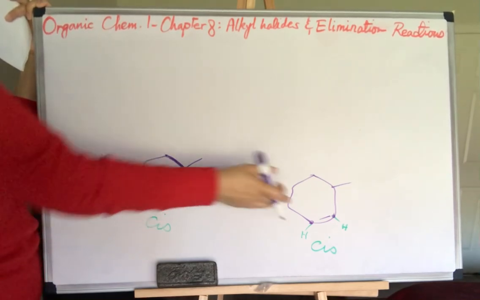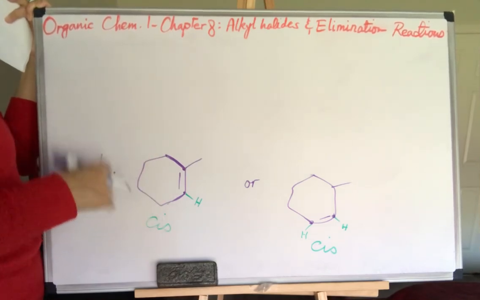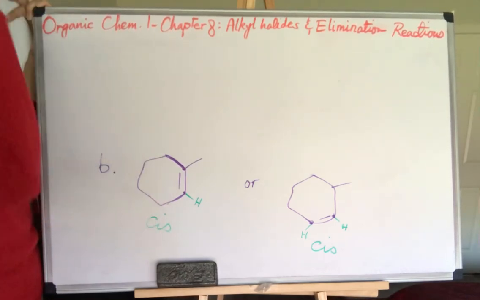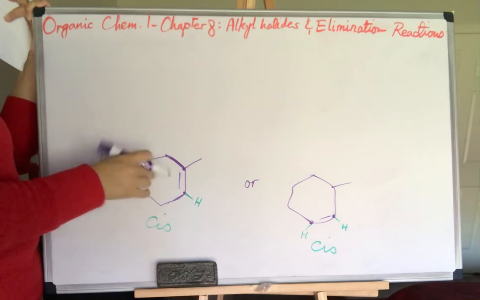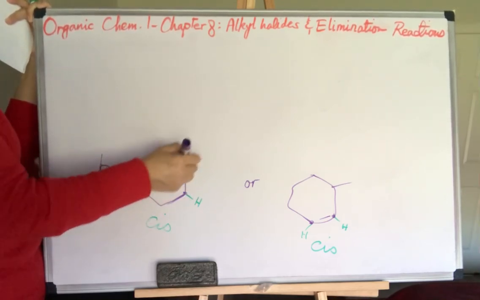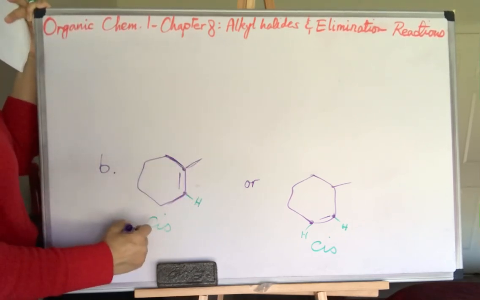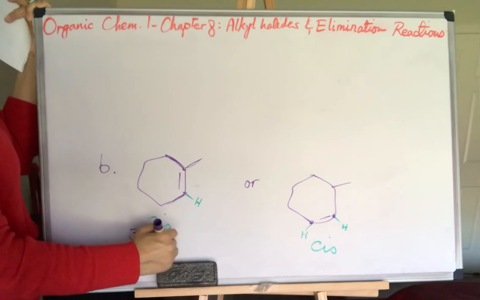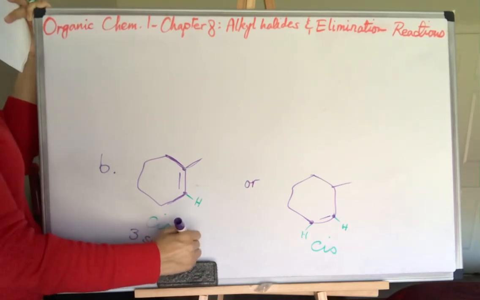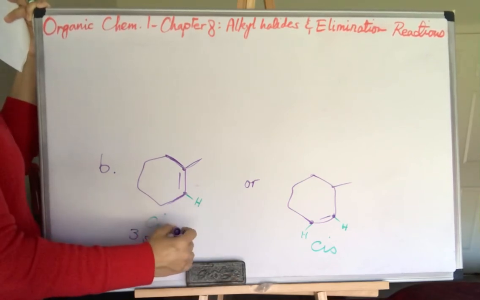So, what is the difference between this cis and this cis? Now we need a tiebreaker. We go with the number of substituents on the double bond. On this double bond, you have 1, 2, and 3, right? 3 substituents total, so it's tri-substituted.